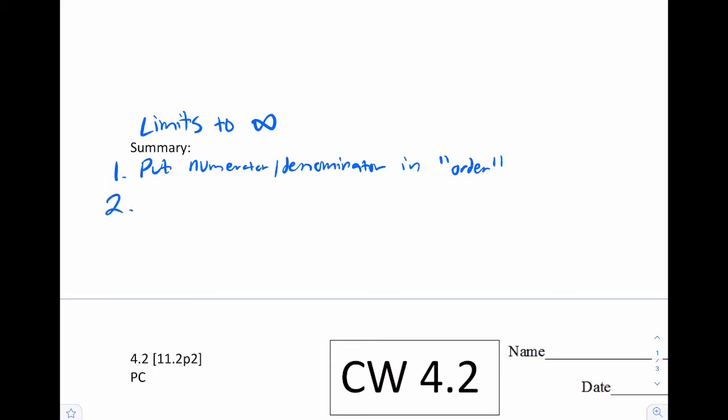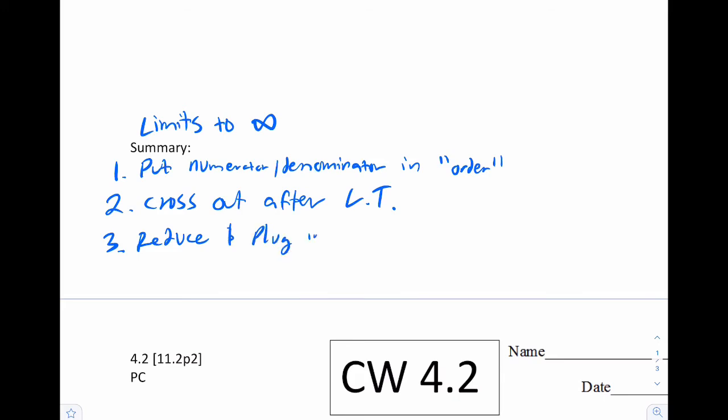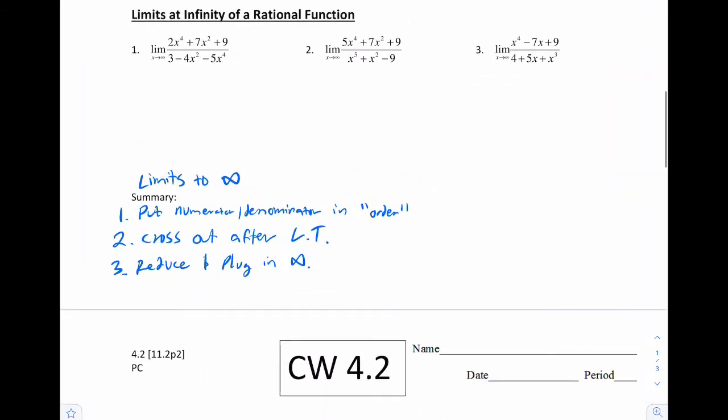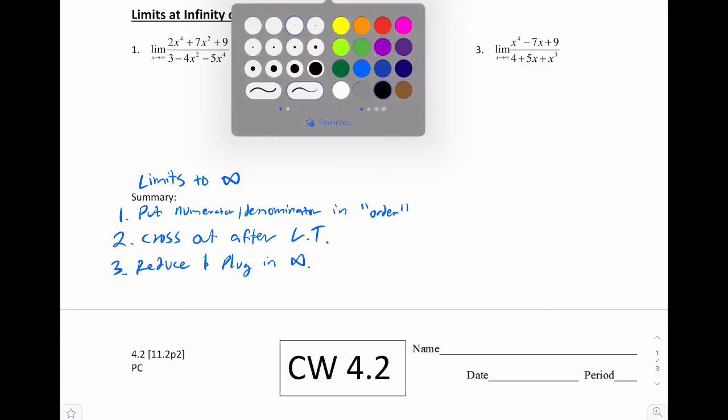The second step is going to be we cross out everything after the leading term. And the third step is going to be reduce and plug in infinity. So those are the steps we're going to do. And of course, out of context, that doesn't really make sense. So I'm going to explain it as we go.